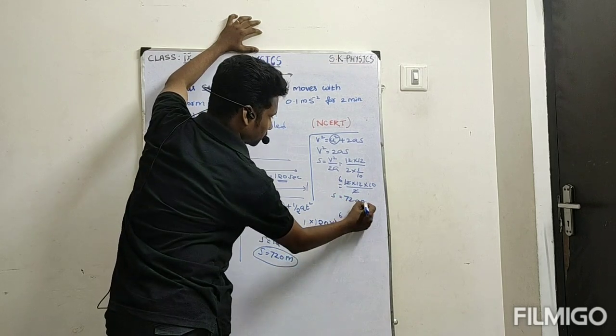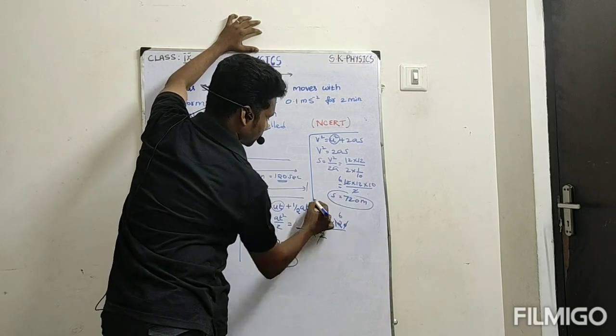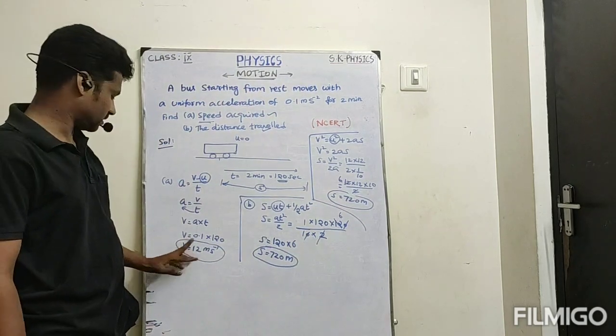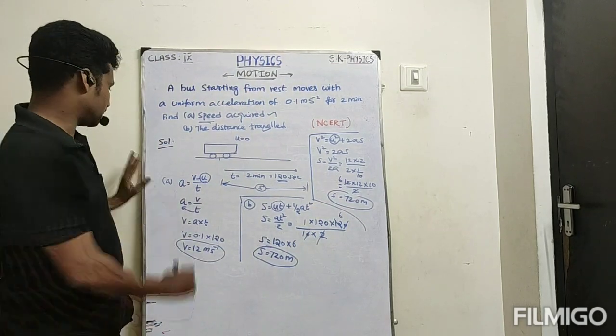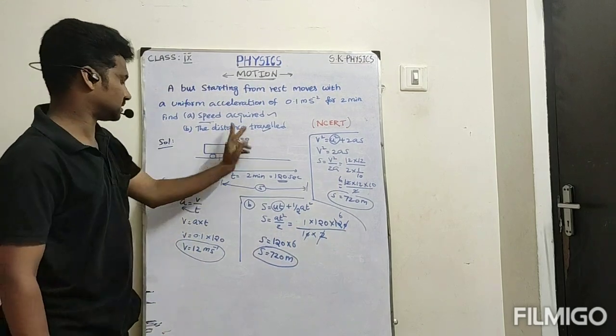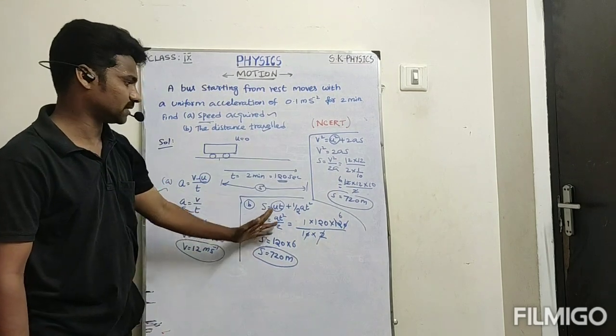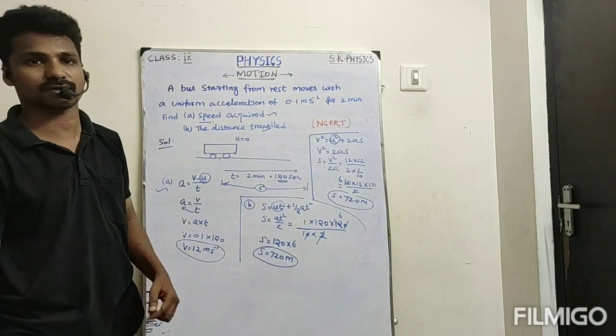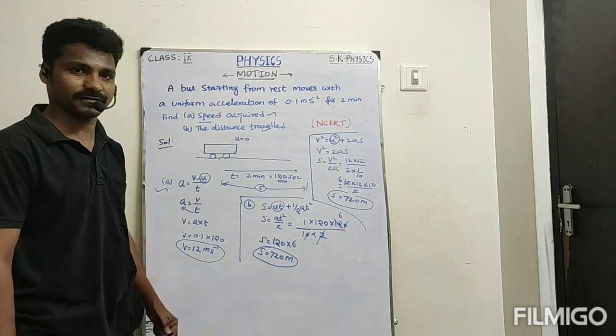So S is equal to 720 meter. That's all. We must first find the acceleration and velocity; this is compulsory. Then in the second question, you can use either S equal to ut plus half at squared or v squared equal to u squared plus 2as. Any form, we can get the answer. Okay, thank you.